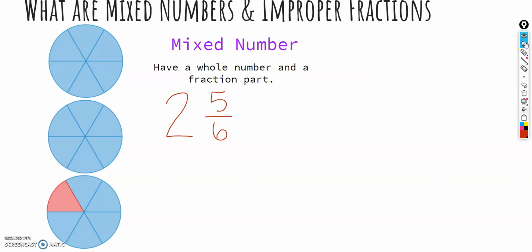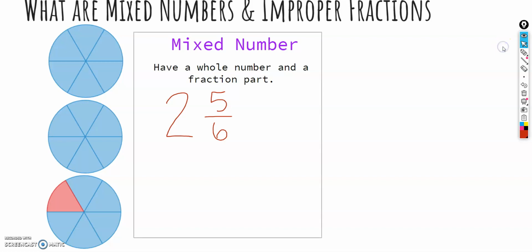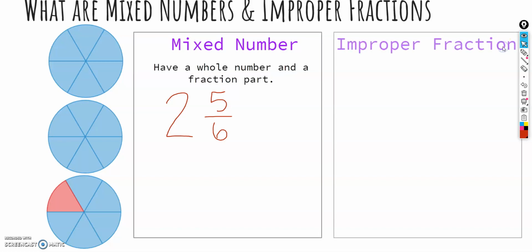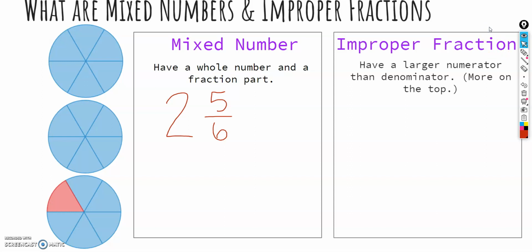Now, an improper fraction is something that has a larger numerator than denominator, so more on the top. So when we look at this, that would mean that it's going to be more than one whole. So that would be the same as counting each and every one of these pieces.